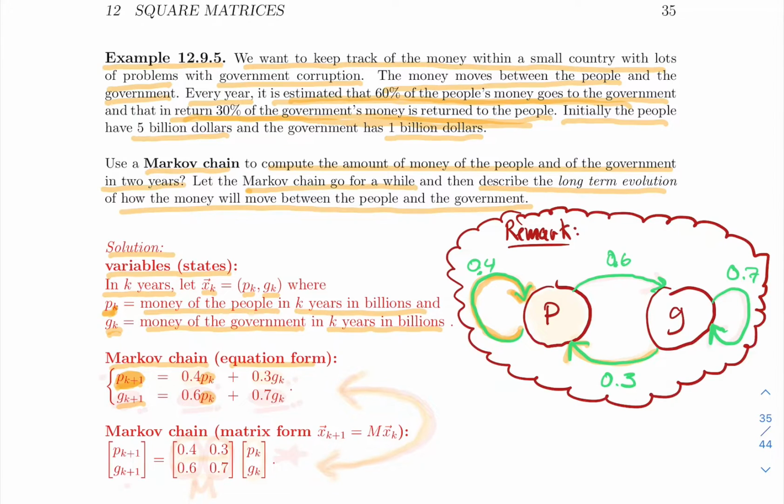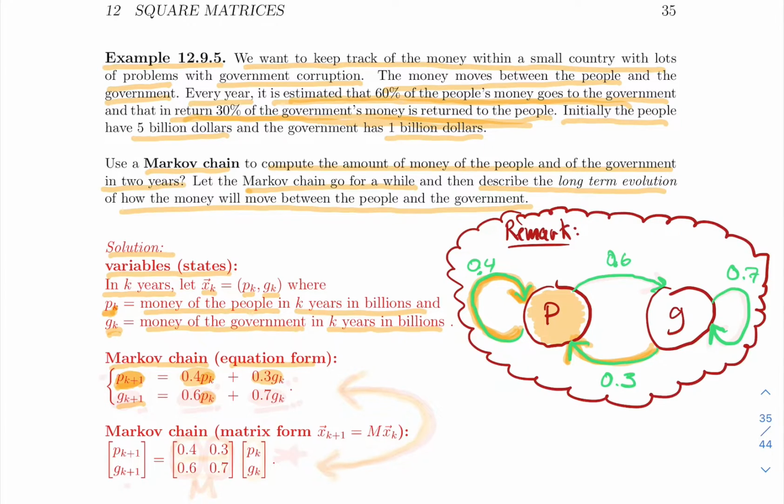So next year, no matter how much money you have right now, you will start with 40% of what you have right now. So you get 0.4 times what you have right now. And then you're receiving 30% of what the government has right now. So how much money will the people get next year? Well, 40% of what they have plus 30% of what the government has.